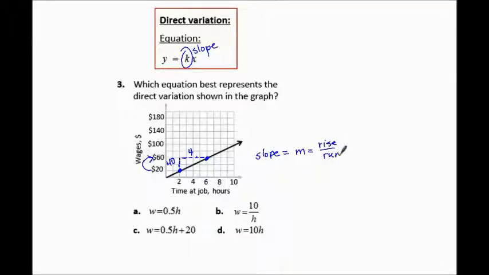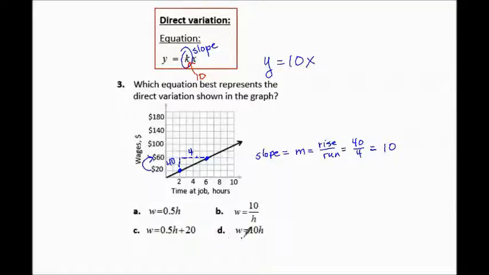In this case, it's going to be the number 40 over 4, which we can simplify. 40 divided by 4, you can do that in your calculator, you get a 10. So when I'm going to write my equation, this number here should be a 10, which means your equation would look like y is equal to 10x.